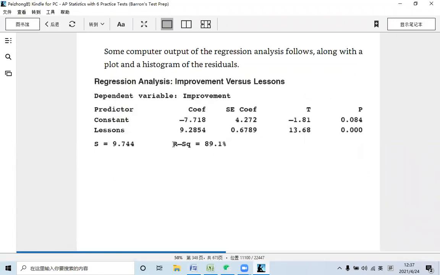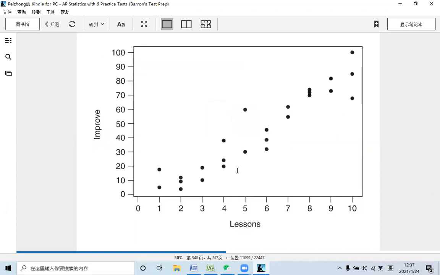And then here's R squared. What is R squared? R squared gives you a percentage, 89.1. This percentage explains the amount of variability. You see, some of the people improve a lot. Some of the people don't improve that much.